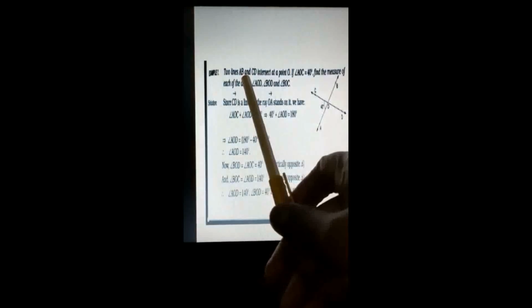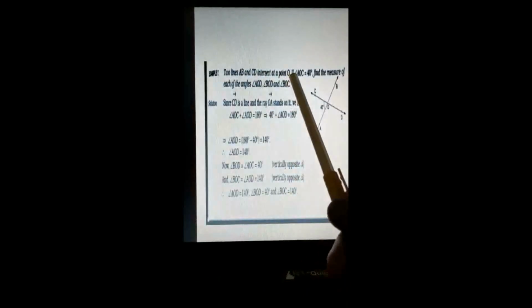Two lines AB and CD intersect at a point O. Now just see, this is AB and this is CD and they intersect at point O. If angle AOC is equal to 40 degree, find the measure of each of the angles. Which angles? AOD, BOD and BOC. Now, as we already know the measure of this angle, that is AOC.